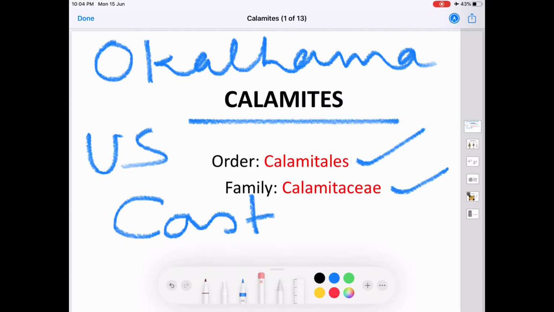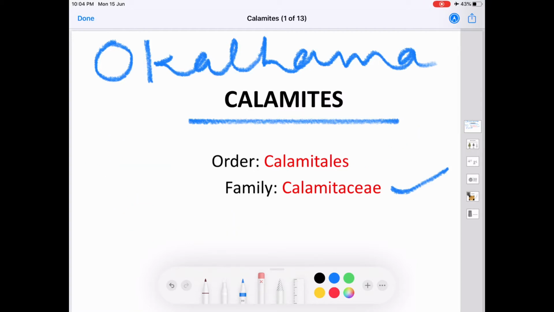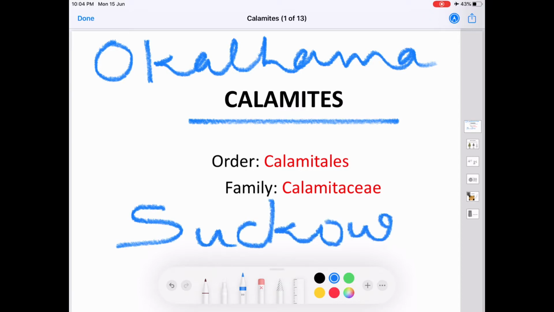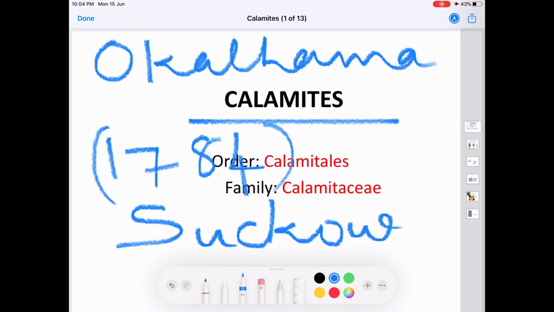Originally, the name Calamites was given by Suckow in 1784. At first, the name was given only to the central pith of the trunk, but now the name is also used for the entire plant.